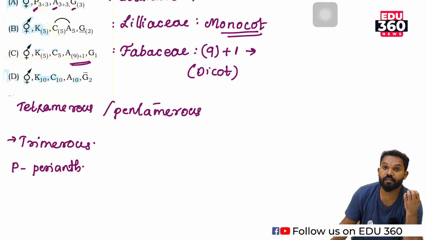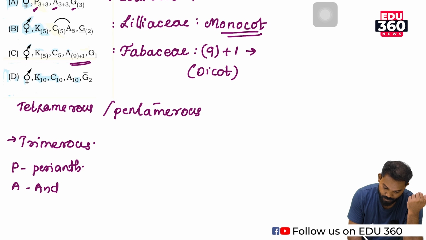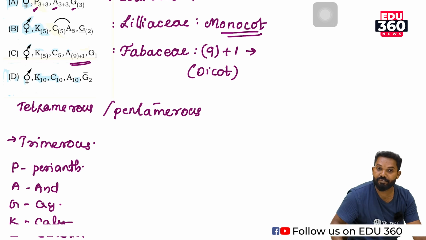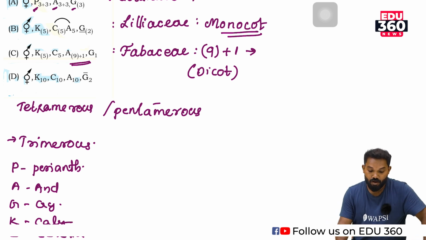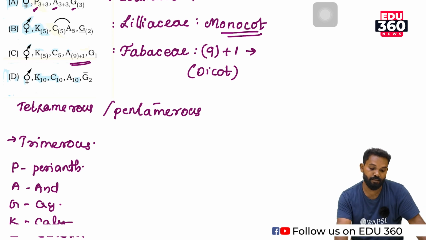If the calyx and corolla are undifferentiated, the condition is called perianth. A represents androecium, G represents gynoecium, K represents calyx, C represents corolla. All the letters have a definite meaning.